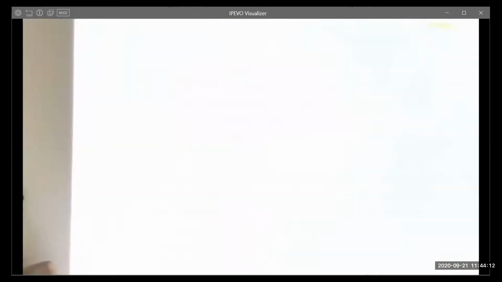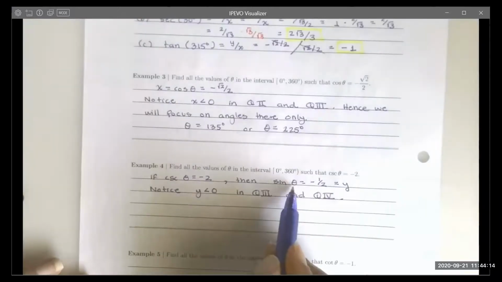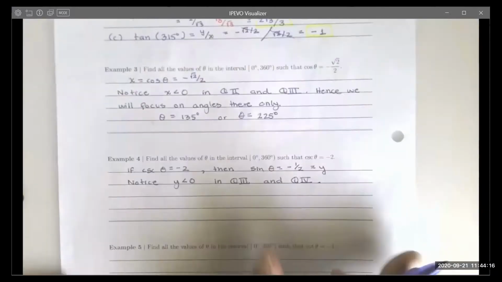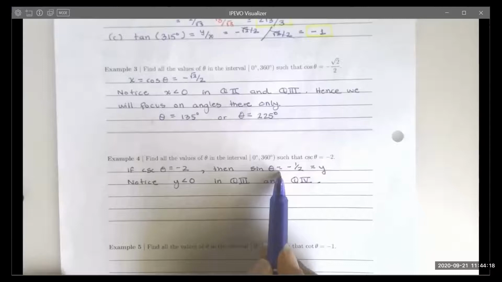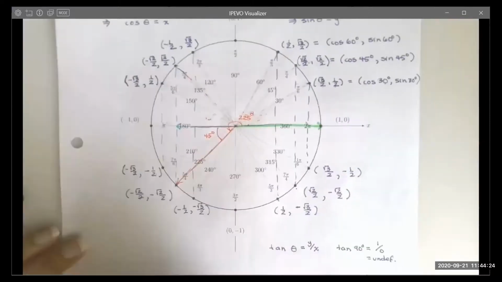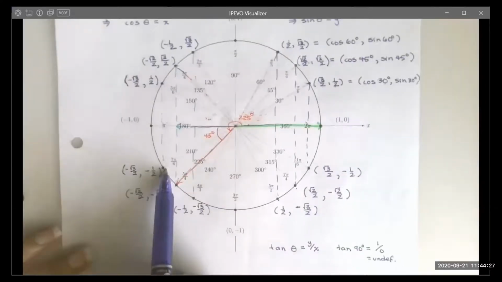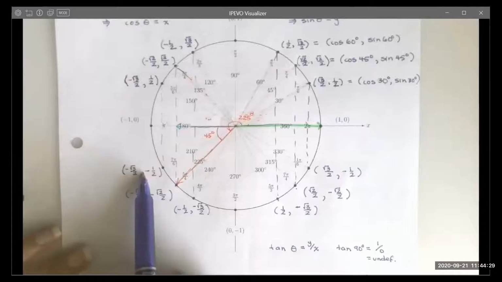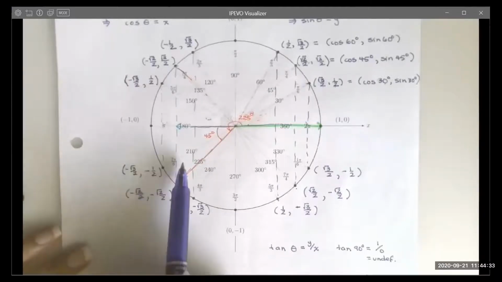And let me actually look at the value one more time. We're looking for all those points that have a y coordinate of negative 1/2. So let's take a look. Well, starting here at 210, we've already found one point. This has a y value of negative 1/2. What's another one?